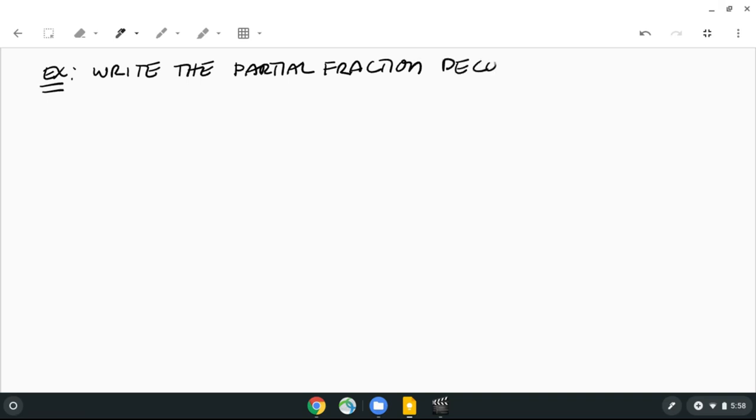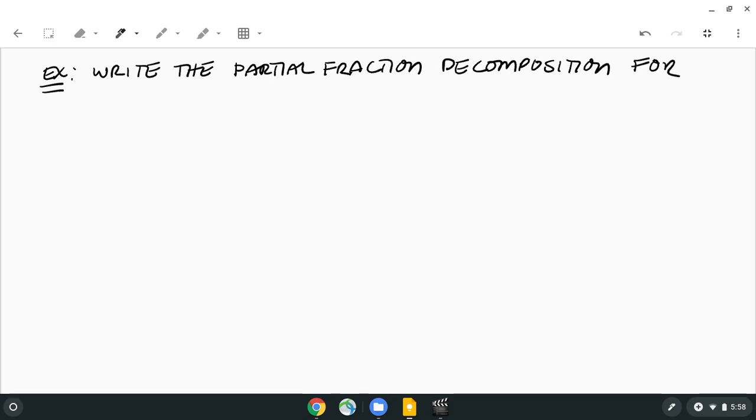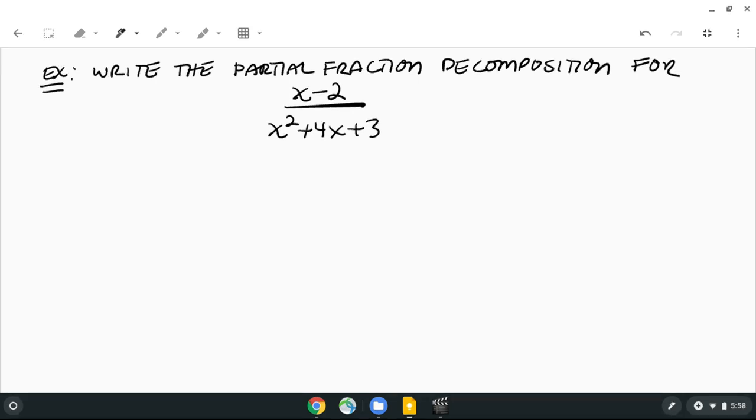Okay, so let's try this example here. Write the partial fraction decomposition for this one: (x − 2)/(x² + 4x + 3).